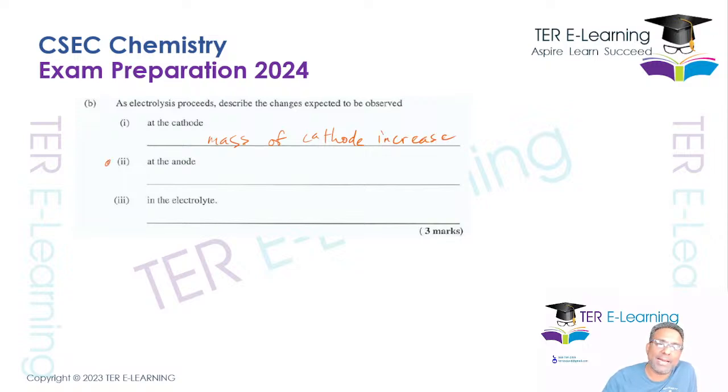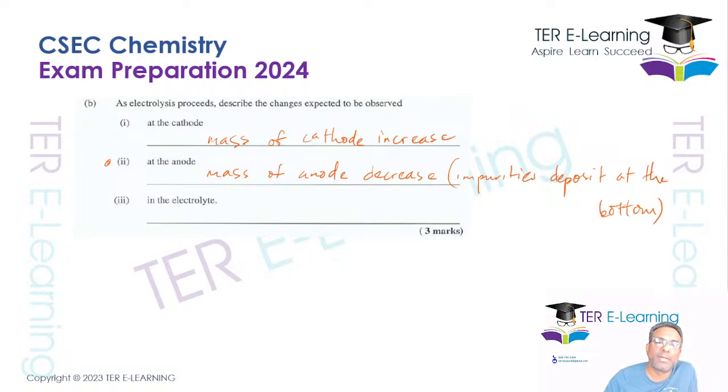At the anode, remember the anode is the impure copper, so the mass of the anode decreases. But at the same time, you will notice the impurities deposit at the bottom.